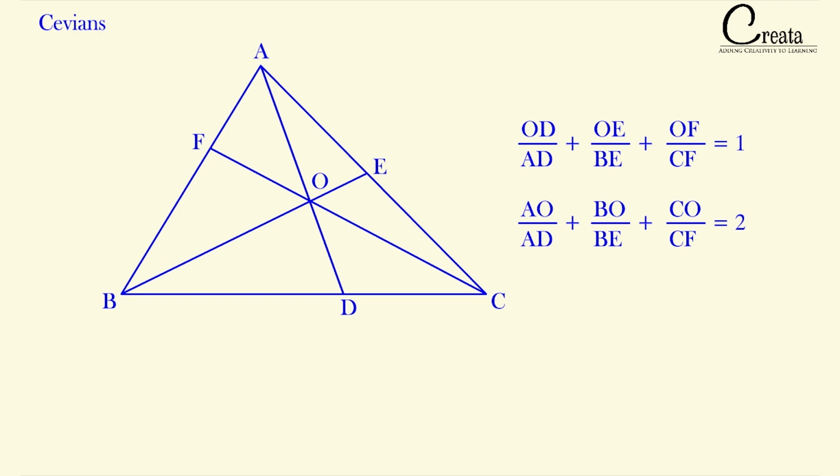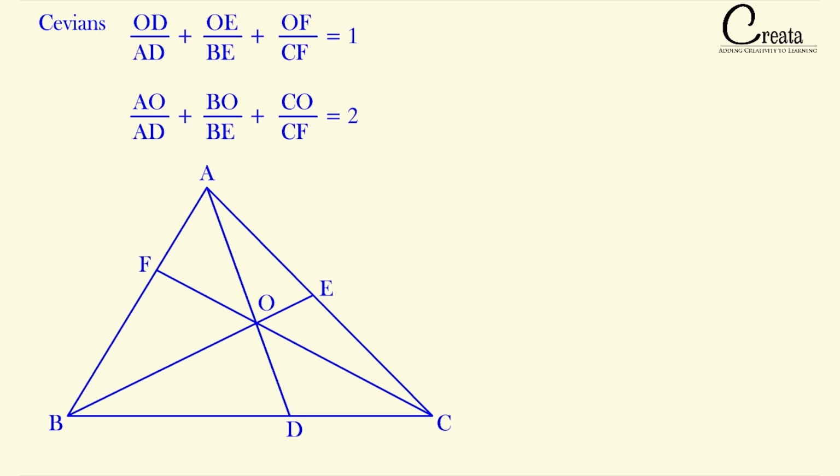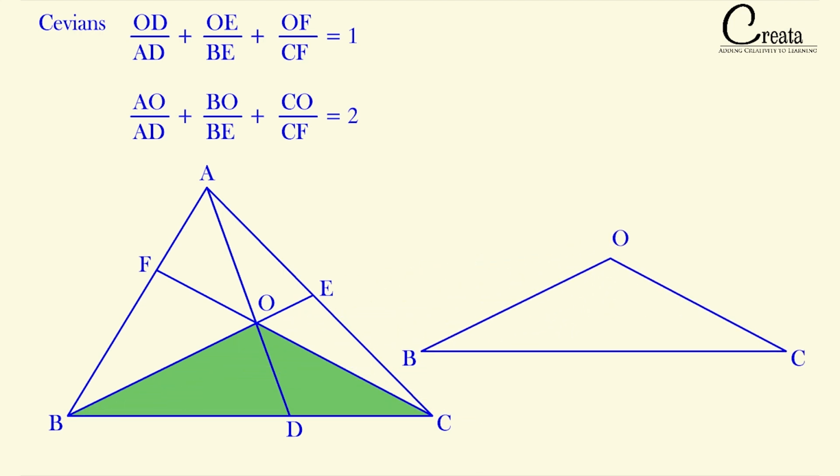Let's see the proof. The proof is also very interesting. For that, let's go back to our figure. Here, if we take the triangle BOC, can we calculate its area? We know the area of a triangle is equal to half into base into height.